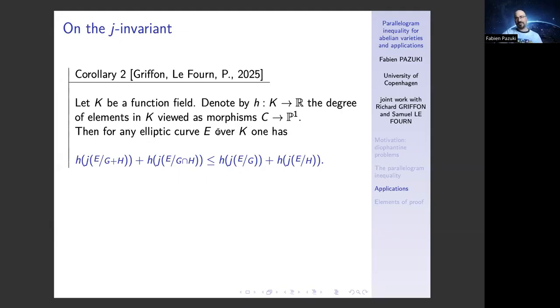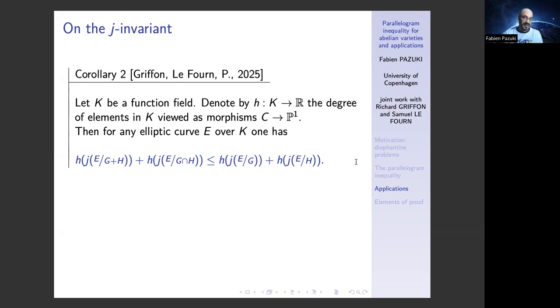Then if I take an elliptic curve E, the size of the Jane variant of E over G, viewed as an element of K, plus the height of the Jane variant of E over H will control the two other ones.